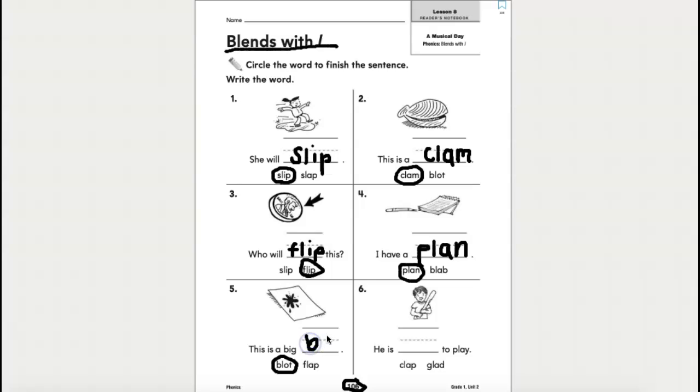So for number 5, we should have said, this is a big blot. And our last one on number 6, we should have said, he is glad to play. So we should have put glad in the blank.